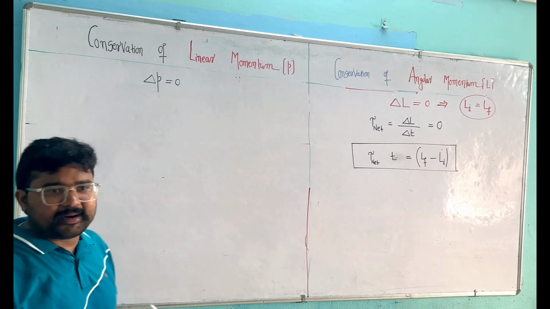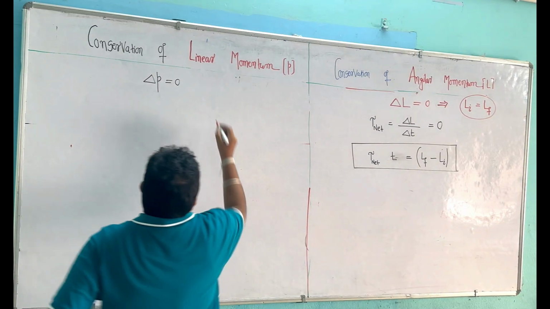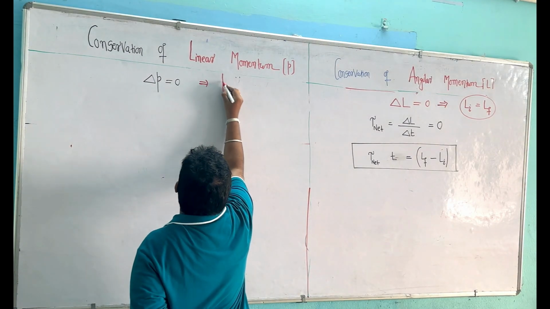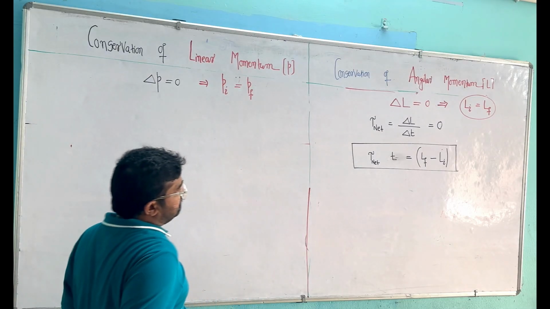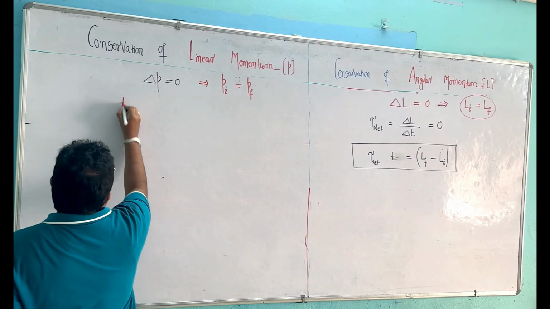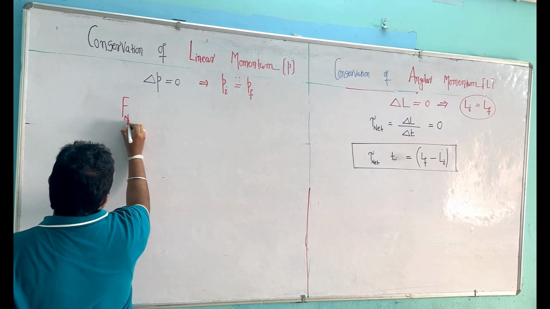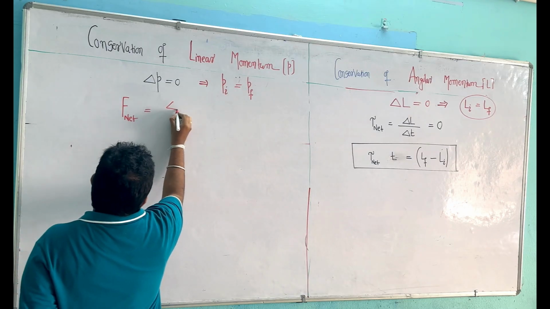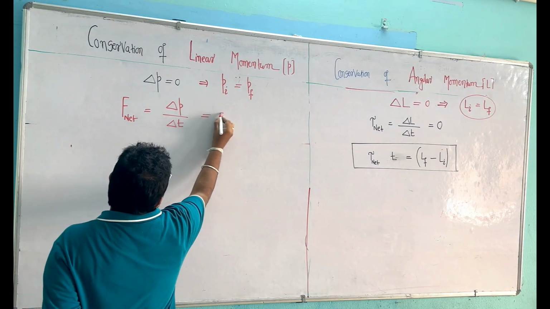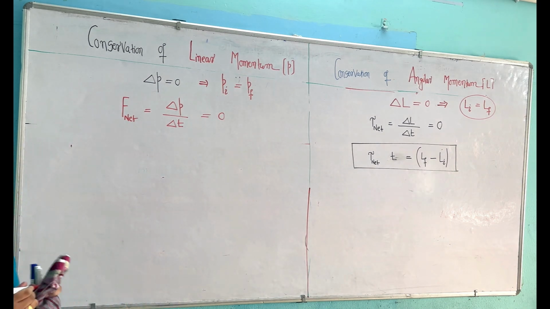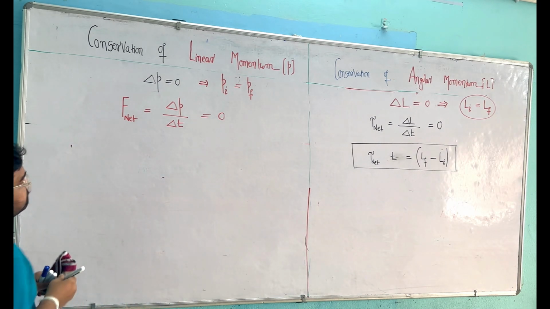Delta P equal to how much? 0. Initial momentum equal to final momentum, final linear momentum. So F net equal to how much? Delta P by delta T, that equal to 0.